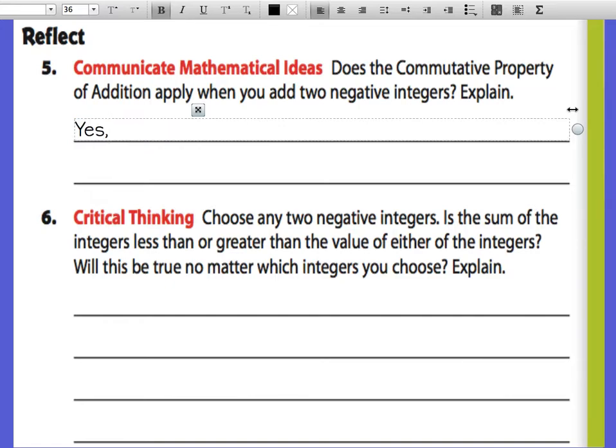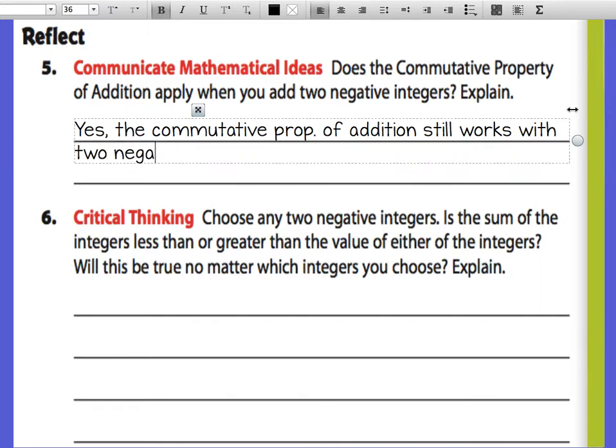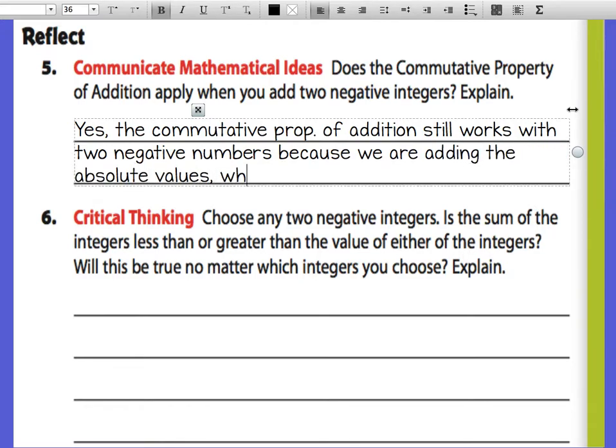So yes, the commutative property of addition still works with 2 negative numbers because we are adding the absolute values, which are always positive.